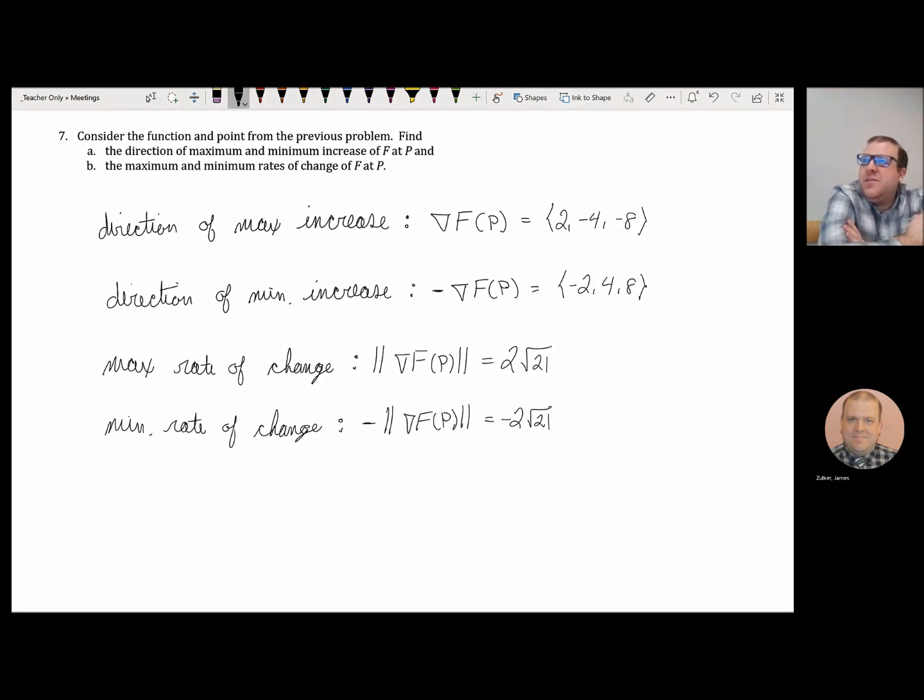It's just the negative of the magnitude. Questions on the directional derivative?